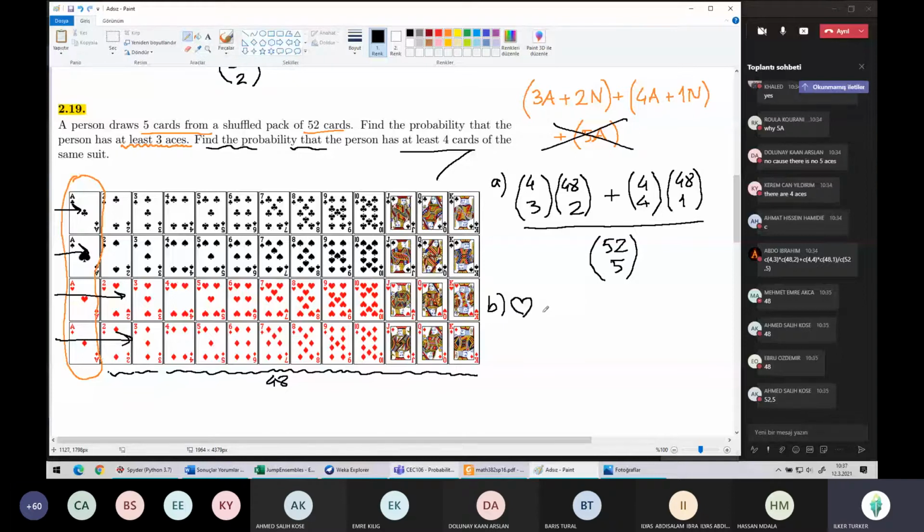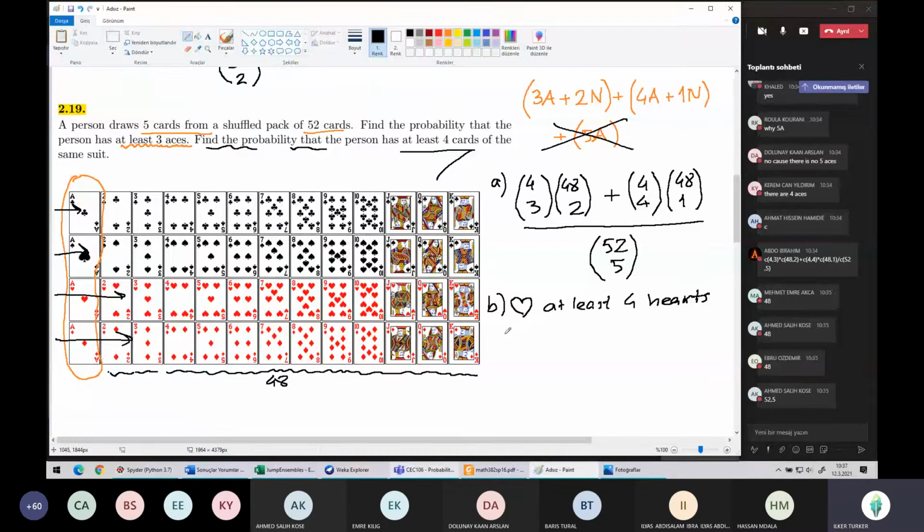Let's select it. At least 4 hearts. Let's solve the question for this, and then we can multiply it by 4. We have 4 suits. But in the beginning, let's solve the question for only hearts. At least 4 hearts.